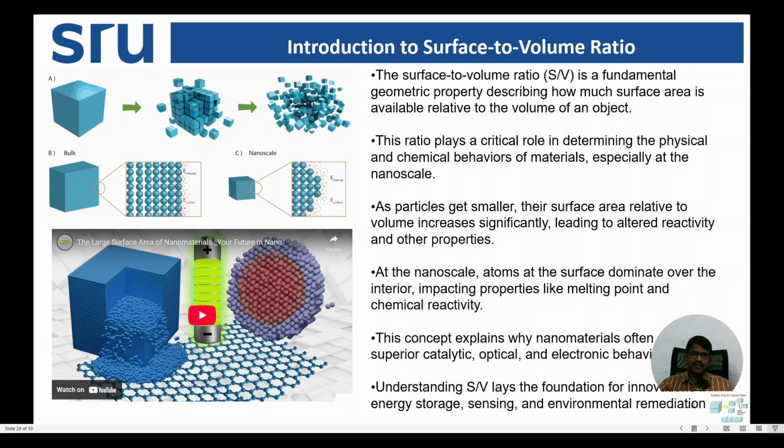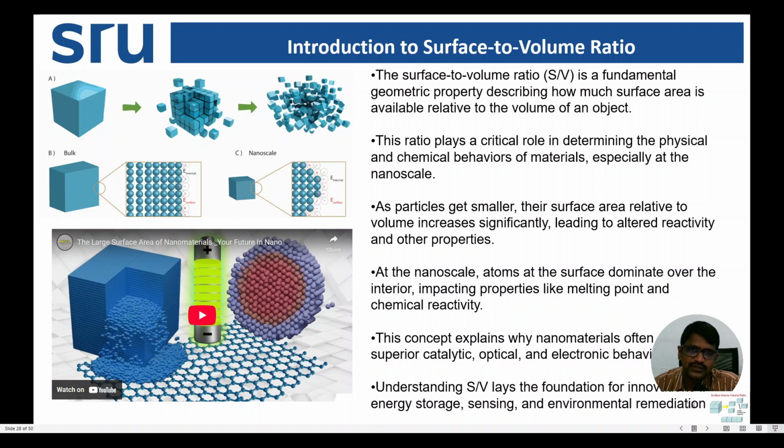Once the surface area increases, the majority of the atoms come to the surface and they are free to interact with other particles. So surface area is nothing but the availability of atoms at the surface. In bulk materials, the available surface area is very less. Most of the atoms are inside the bulk material, which cannot participate in any reaction.